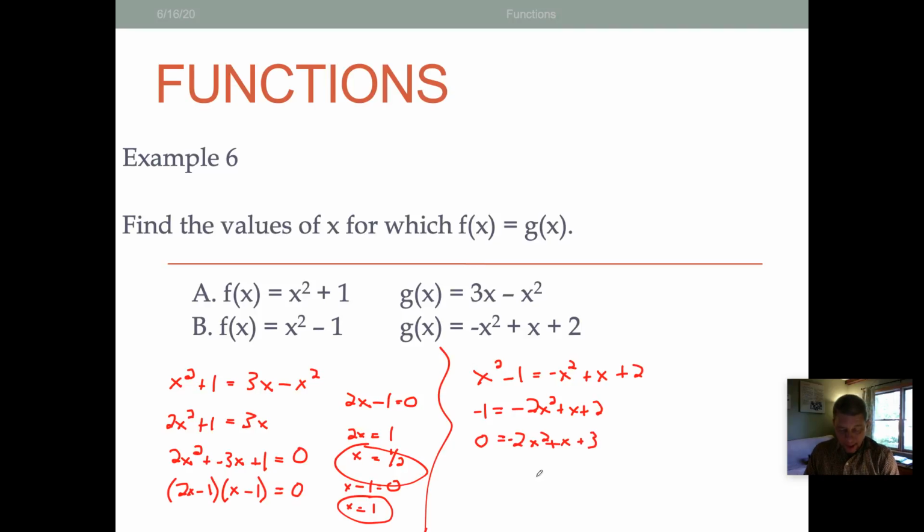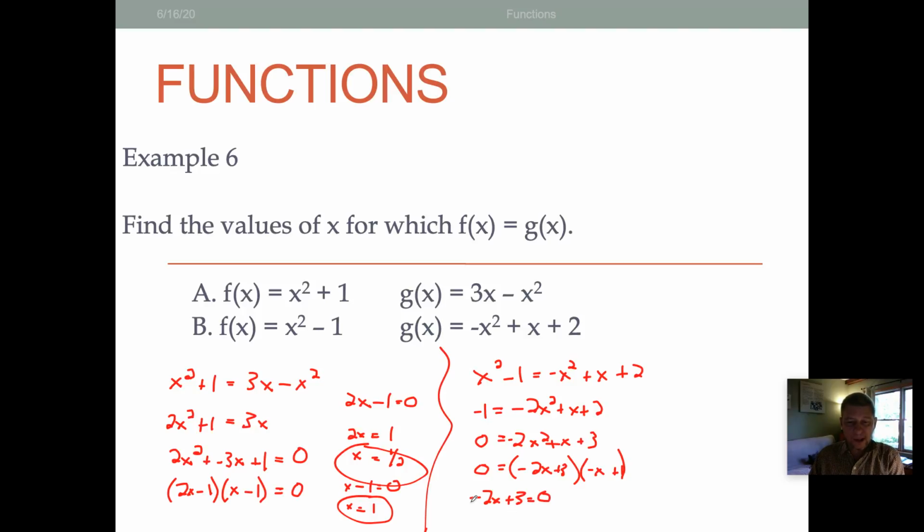Now, I can do this in a couple of different ways, but 0 in this case is going to equal negative 2x plus 3 times negative x plus 1. And if you do your arithmetic here, negative 2x plus 3 equals 0.